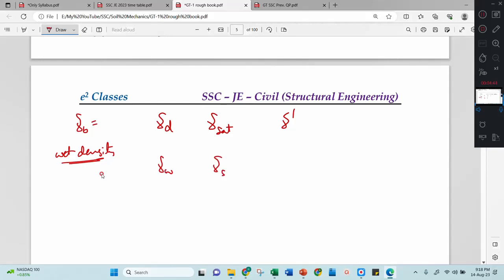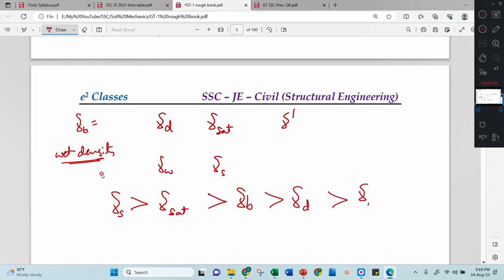Okay, if I want to arrange these in increasing order, solids density is the biggest one. After that I will get saturated density. After that I will get bulk density. After that I will get dry density. After that I may get water density, or I may get submerged density.